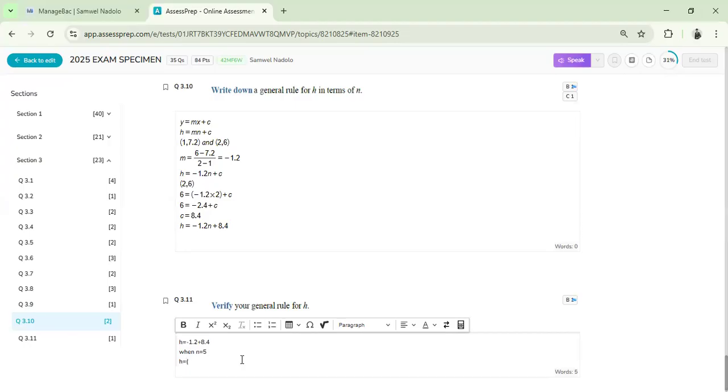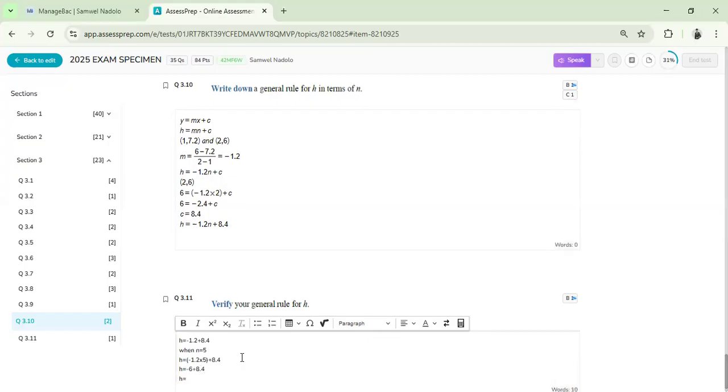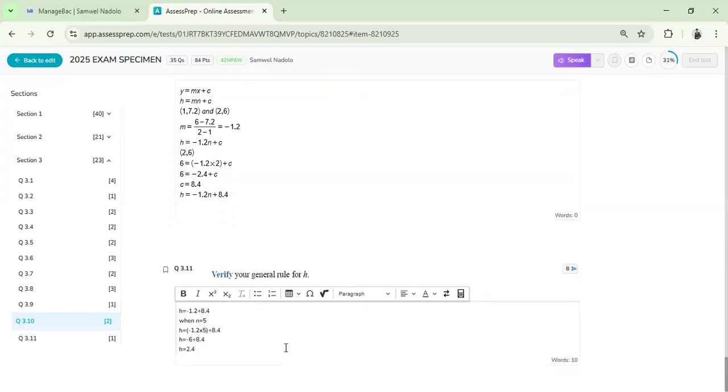negative 1.2 times 5, let me use the bracket, then plus 8.4. So h will be equal to negative 1.2 times 5 is negative 6. Then negative 6 plus 8.4 will give us the value of h, and that is 2.4.